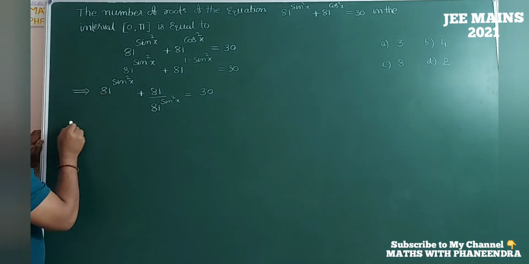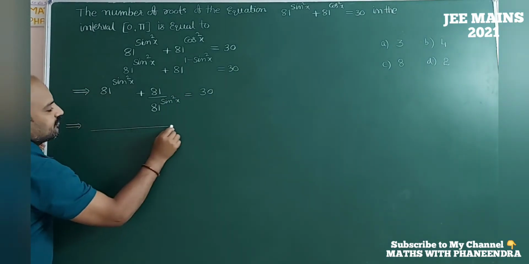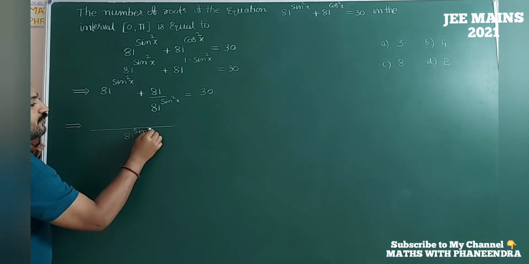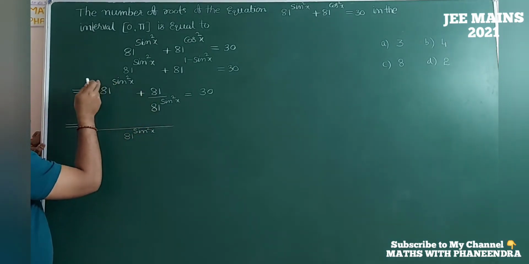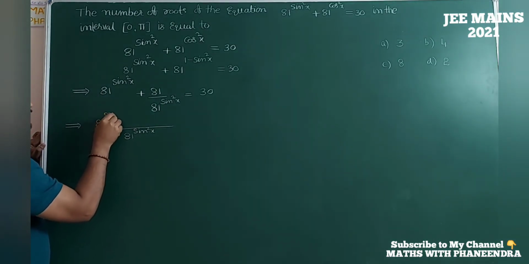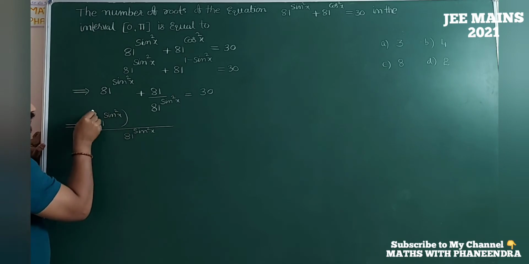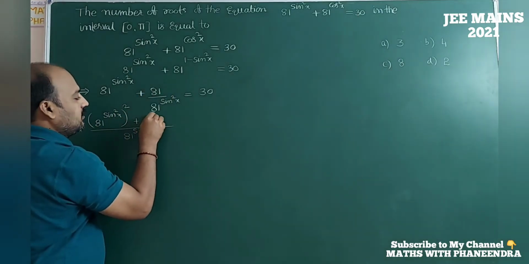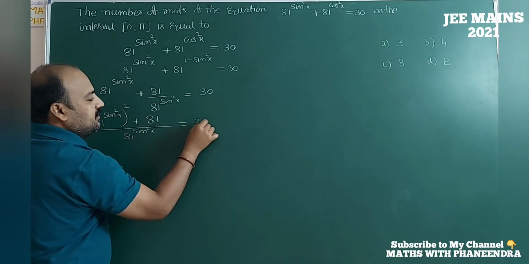Take LCM here. 81 power sin square x into 81 power sin square x, so 81 power sin square x whole square, plus 81 is equal to 30.